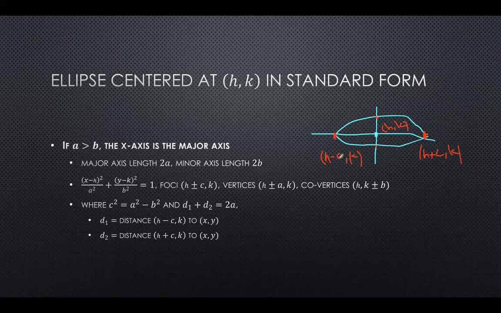Instead of having (0, b), this should be (h, k plus b), and this is (h, k minus b).